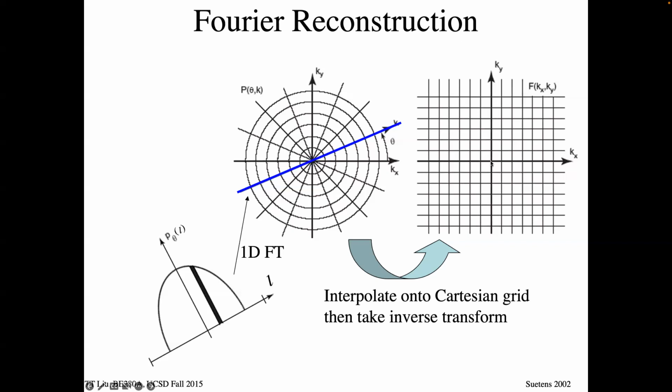Now we have this estimate of the Fourier transform of the object. Just do the inverse 2D Fourier transform of this thing, and we should get the object. That should be our picture, right? Given that the projection slice theorem is true, that should be a way to reconstruct that object, right? And two-dimensional Fourier transforms are cheap now on computational systems, so it's a reasonable way to do it.